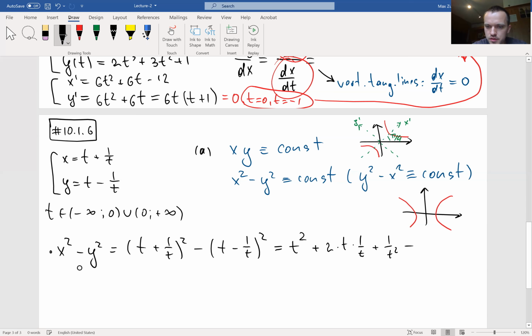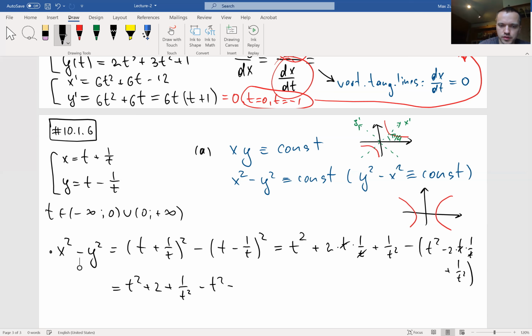And then it's going to be minus t squared minus 2 times t times 1 over t plus 1 over t squared. So you can see t and t will get canceled over here. So I'm going to obtain t squared plus 2 plus 1 over t squared minus t squared plus 2 minus 1 over t squared. So these two factors are going to cancel. So that is going to be equal to 4.